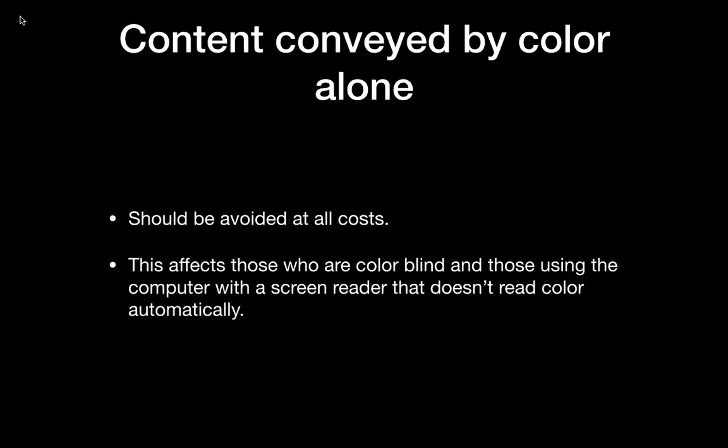A great example of this: a few years back, I was looking at a schedule for my local hockey team on their website. So I went to the link that said view schedule, and right prominently at the top or bottom of the page, it said all home games are highlighted in red. Not very usable.